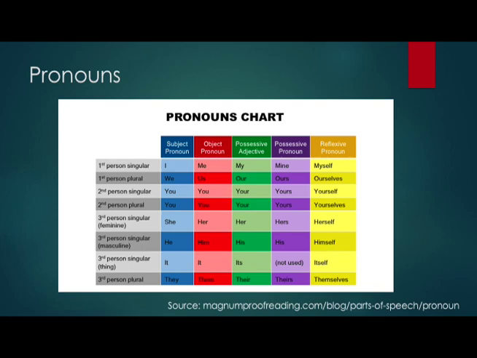The reflexive pronouns are usually used in situations where I want to emphasize that I did something without anyone else's help. I can say "I did this myself" or "we did it ourselves." But that's primarily how it should be used.